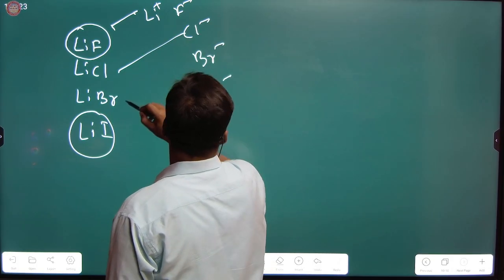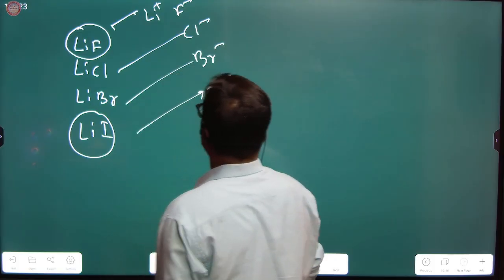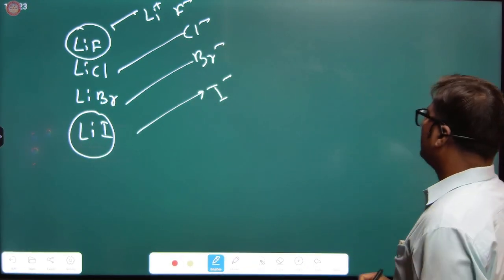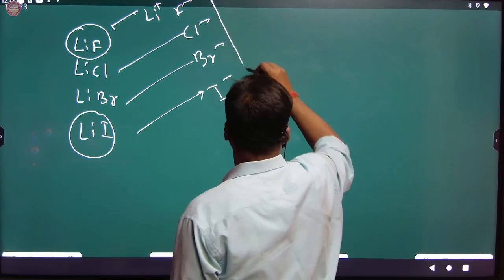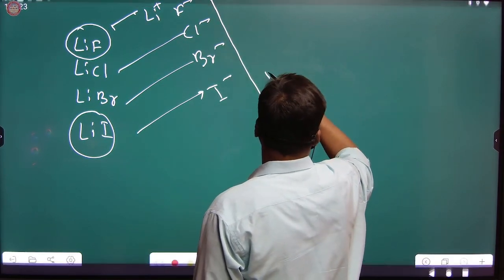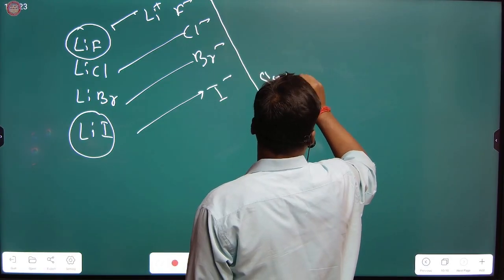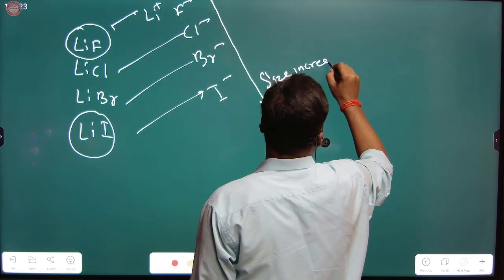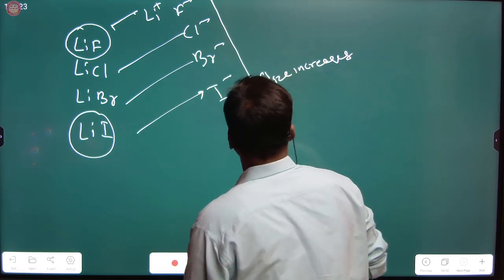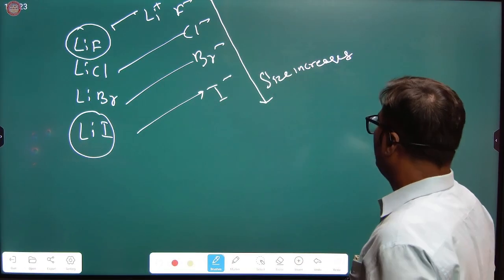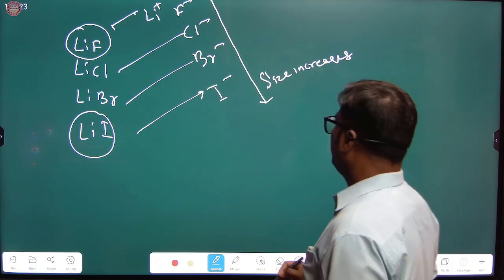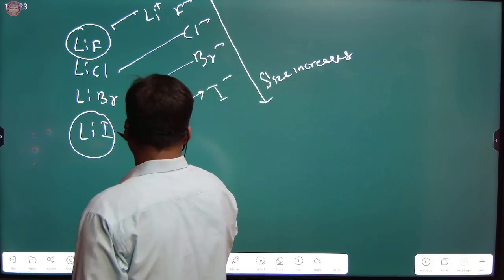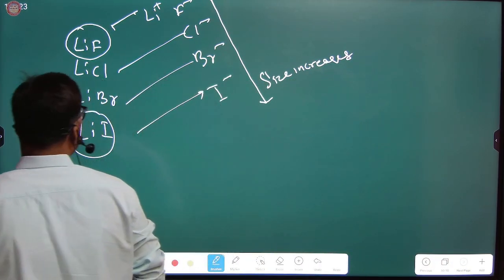The size of the anions in this halogen family increases down the group. If the size increases in the group, the lattice energy decreases.